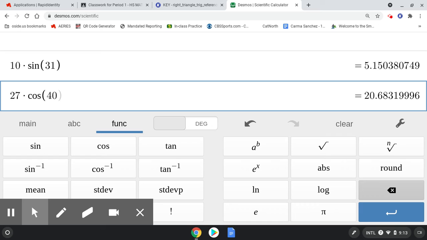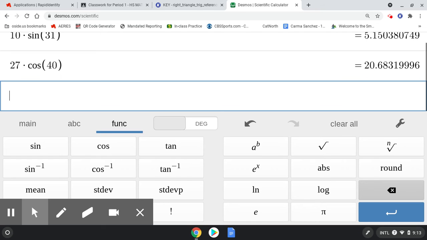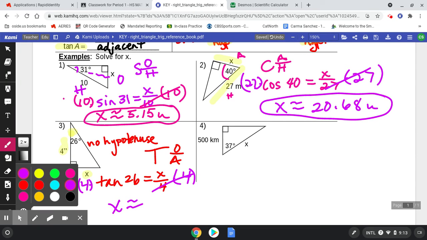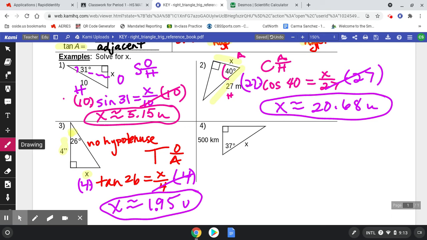Here I go plugging it in. 4 times the tangent of 26. And I get 1.95. U for units. Why am I using the approximation symbol? Because we rounded.